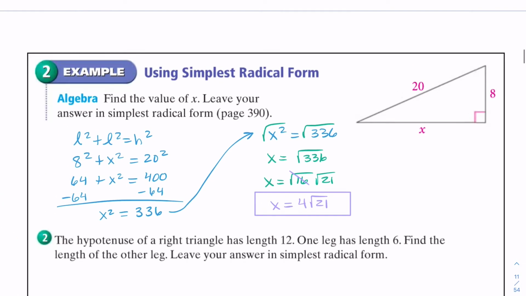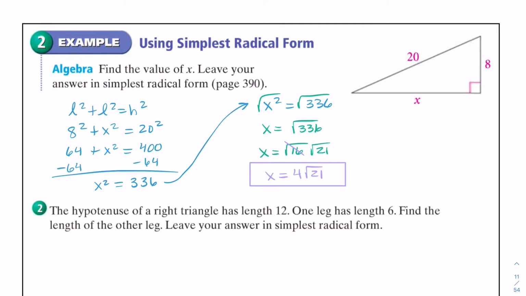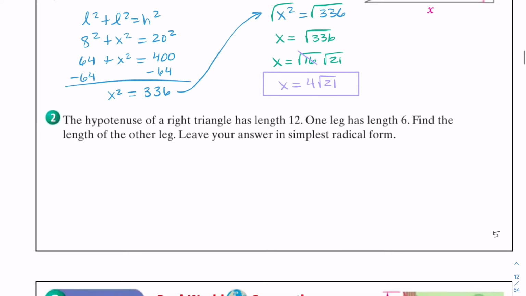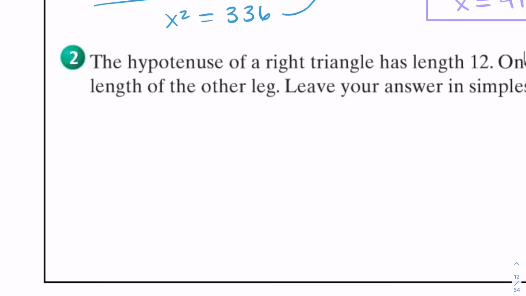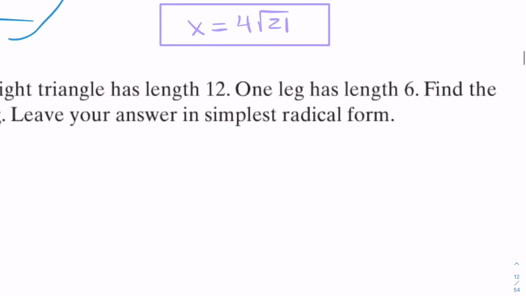All right, that's it. The hypotenuse of a right triangle has a length of 12. One leg has a length of 6. Find the length of the other leg. So the other leg, 12, is the hypotenuse. We have a leg.